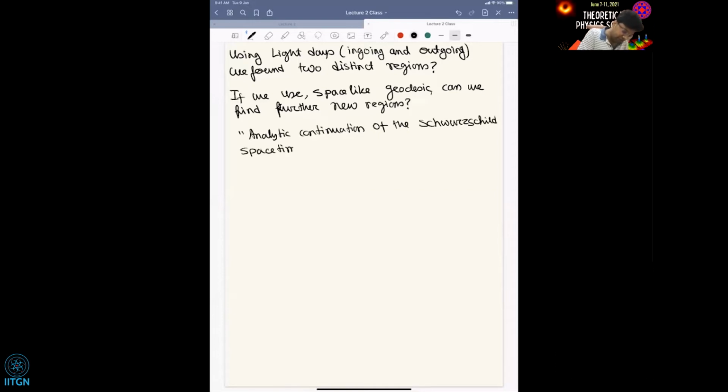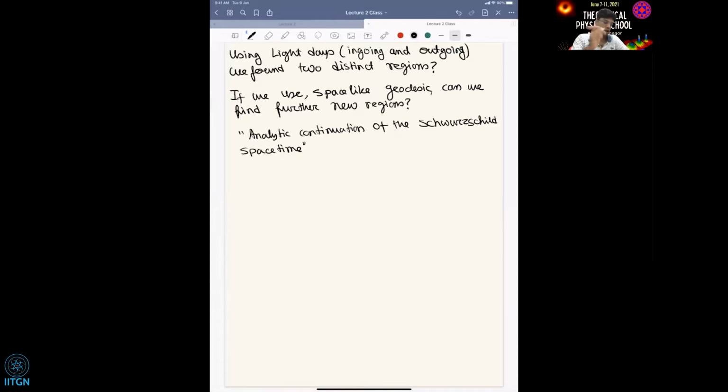And it turns out we can understand everything. We can understand all possible regions. I will not give you the full details of this analytic continuation. These are in standard textbooks, but I'll describe ultimately what regions we actually get. So let's start with that.